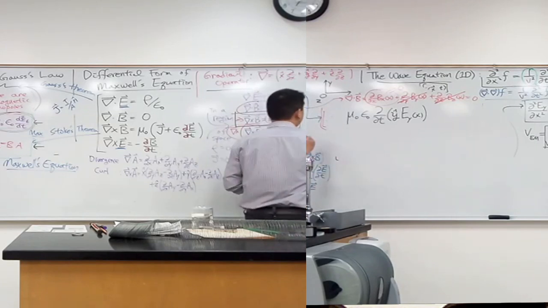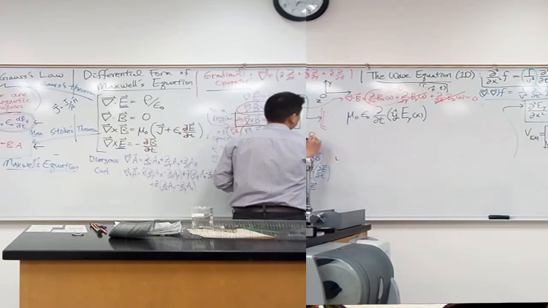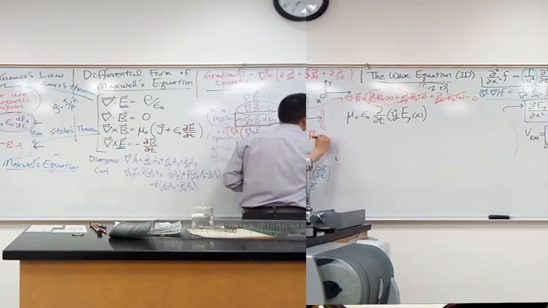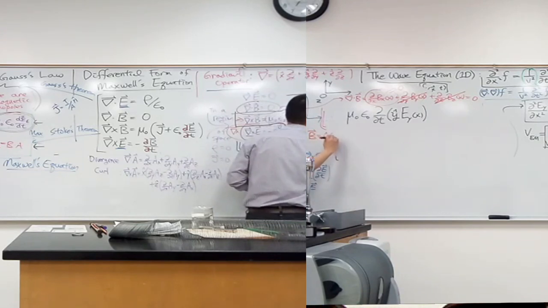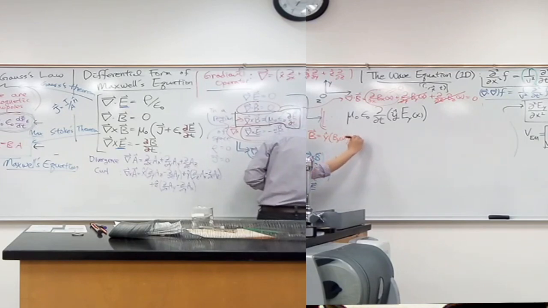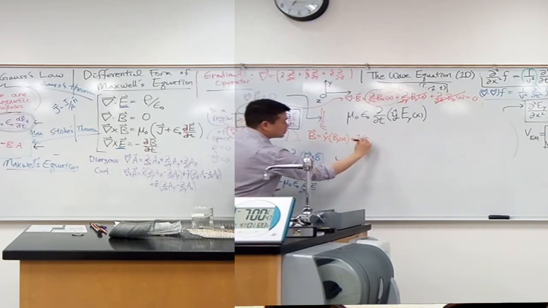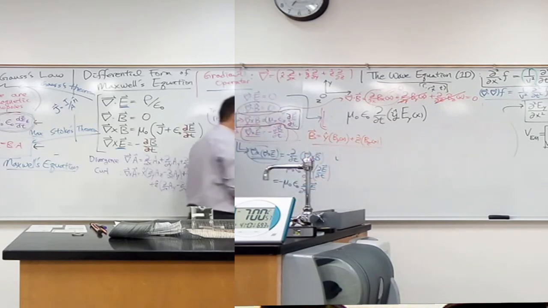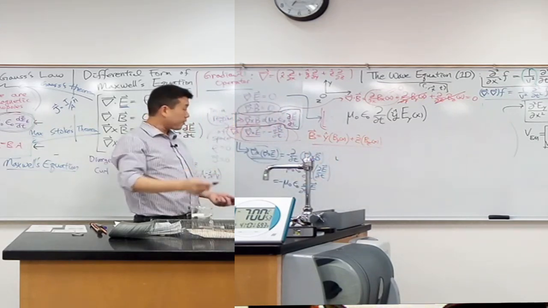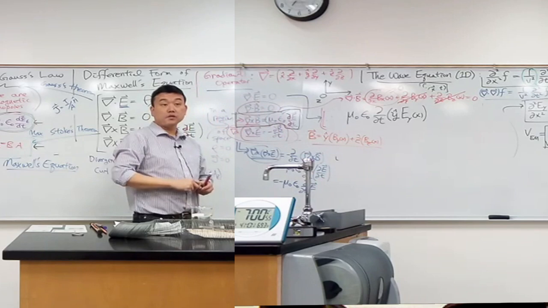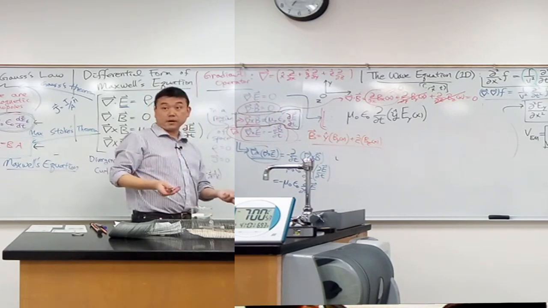So my magnetic field as a vector might have a y component, which will depend on x, and it might have a z component, which will depend on x. But that's it. No x component. So both electric and magnetic fields are transverse in an electromagnetic wave.